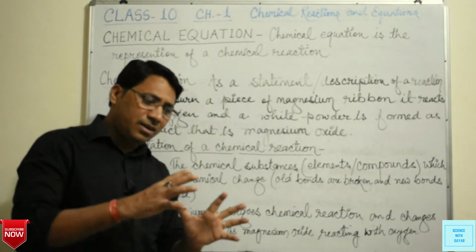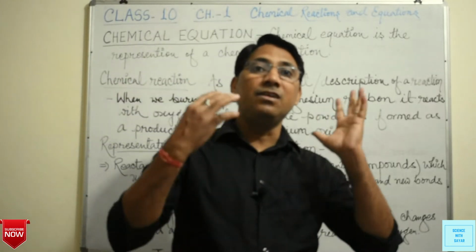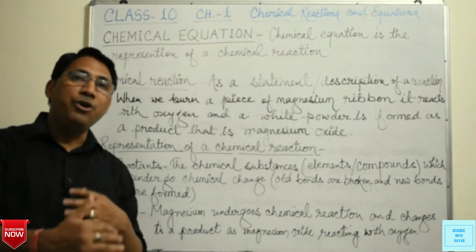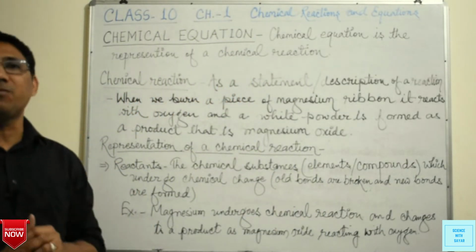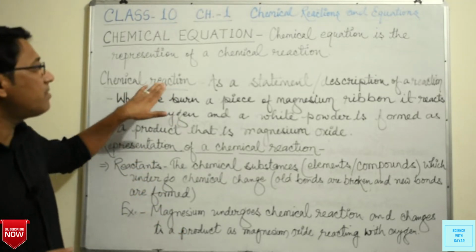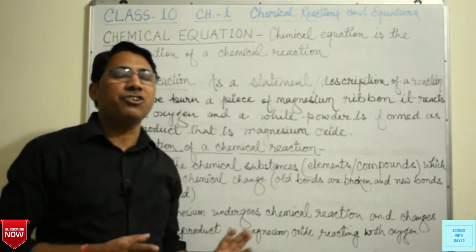This is a chemical reaction as a statement, or this is the description of a chemical reaction, that what we are doing with the chemicals and what type of substances are formed. So this is a chemical reaction as a statement or as a description of a chemical reaction.